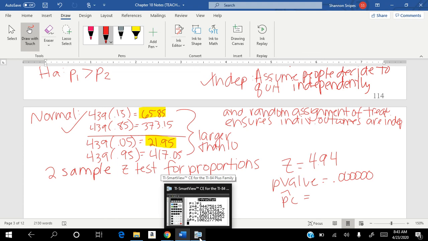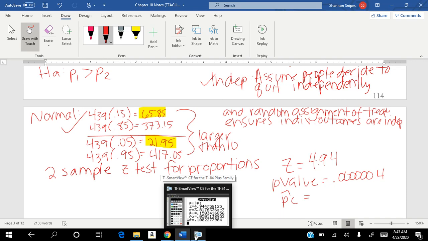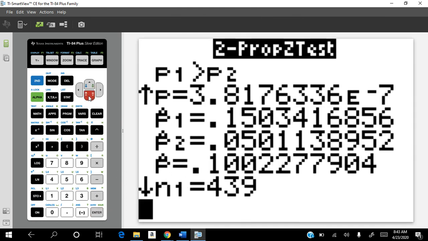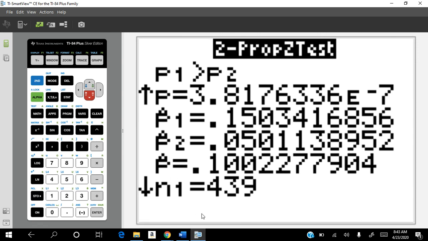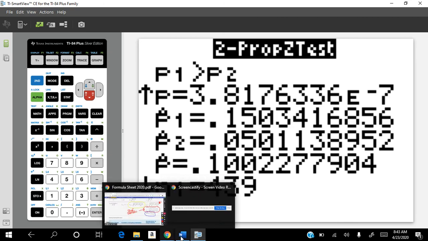So it's 6 zeros and a 4, which is basically 0. And then your pooled proportion is that very last one. Because see, that's your proportion for the first sample or the first group. That's your proportion for the second group. And then p with no subscript, that is your pooled proportion. So 0.1.